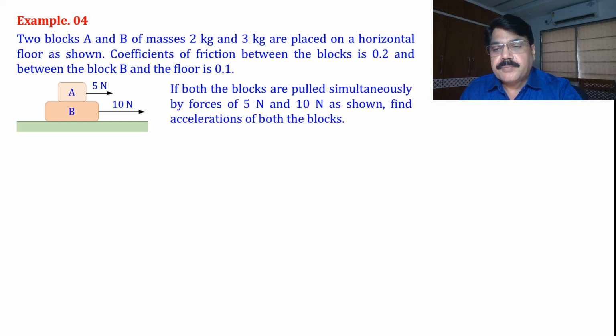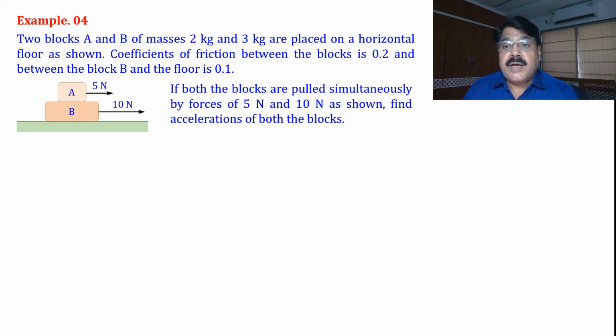both the blocks. Now at first sight this problem seems to be different from the previous one, but whatever strategies we have used in the previous problems, the same thing we have to decide here. We decide the sequence of sliding: at which value of forces sliding between floor and B will initiate, at which value of forces sliding between A and B will initiate.